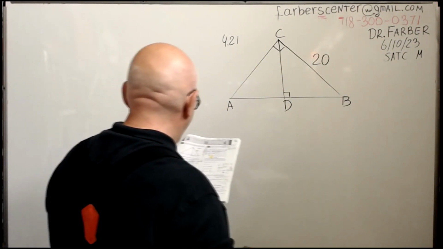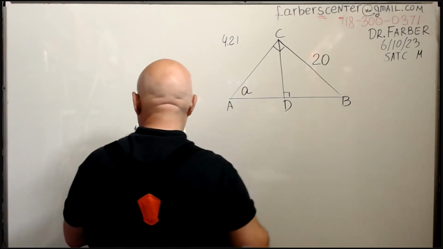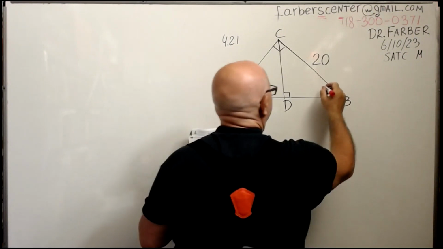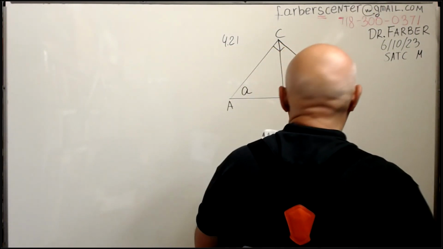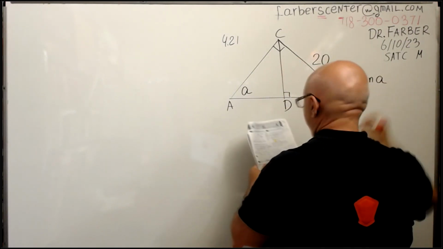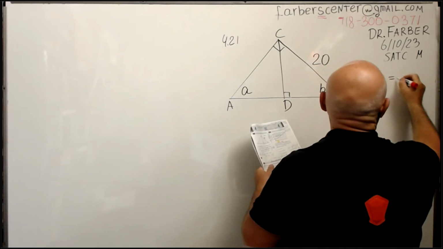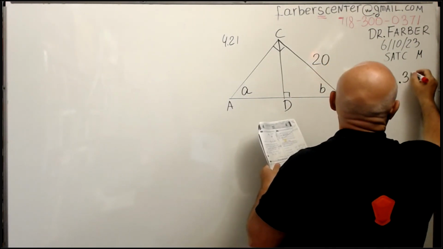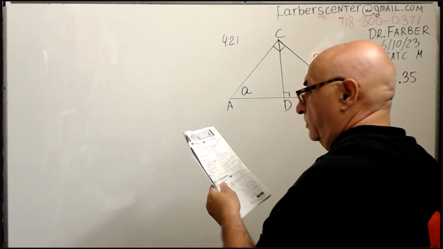Sine of A, this is A. And this is B. Sine of A equals 0.35. What's the length of BD?